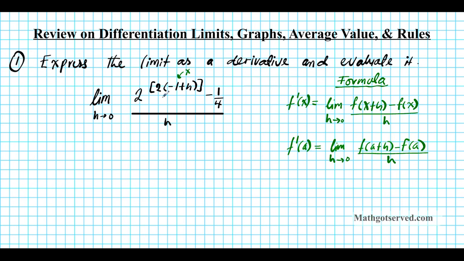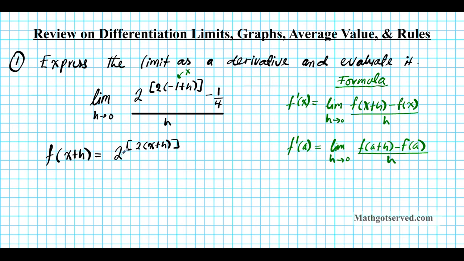With this information, we can easily tell that f of x plus h is going to be this function, but instead of -1, I'm going to put x. So it's going to be 2 raised to the 2 times x plus h. This is the function that we're dealing with.